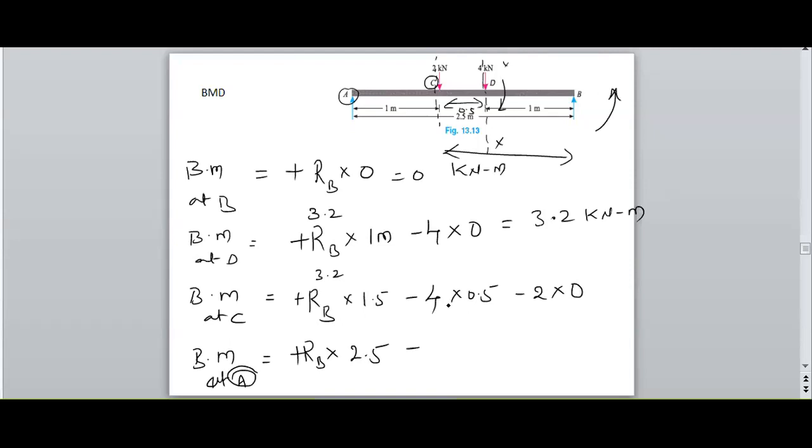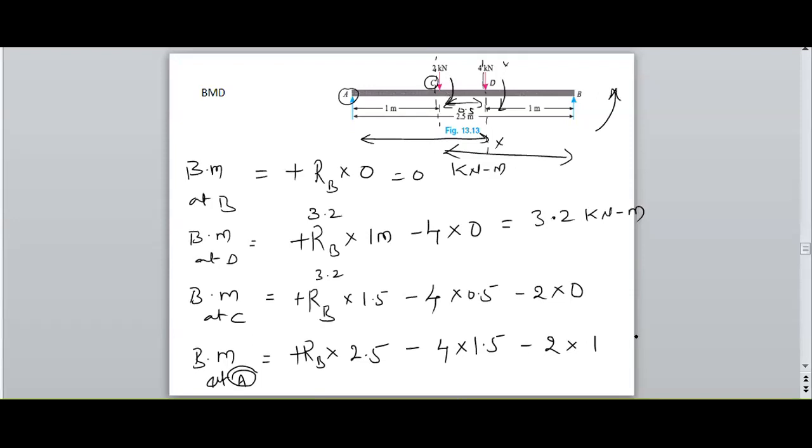Next, 4 into the distance 1.5 from A, and 2 into the distance 1, are both negative.